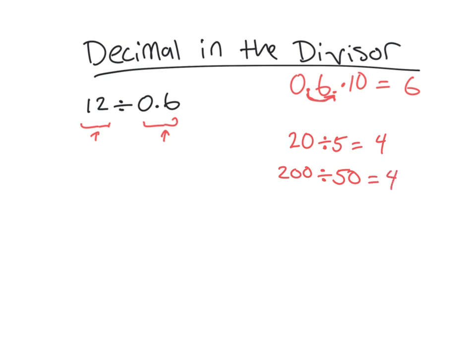That still equals 4. Okay, if I did it again, if I multiplied both of them by 10 again, and I had 2,000 divided by 500, guess what? Still 4. Okay, so when I multiply both my dividend and my divisor by the same factor, my quotient does not change.